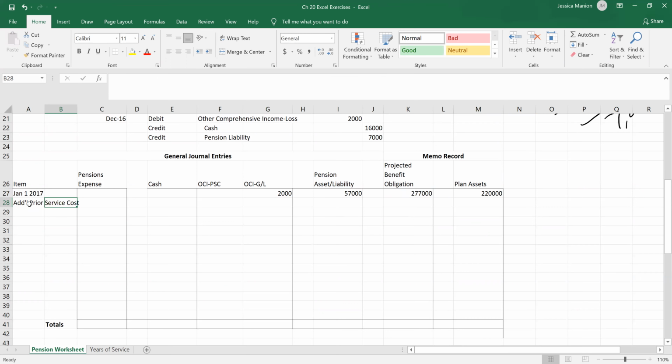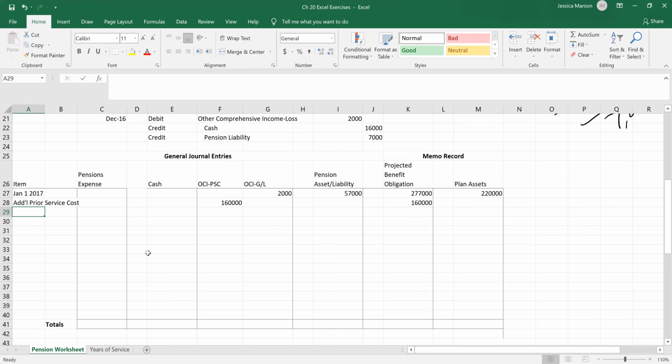We charge it to other comprehensive income. We amortize it over time. So this is going to be 160,000 other comprehensive income. We're going to be increasing other comprehensive income 160,000. This also increases our projected benefit obligation 160,000.